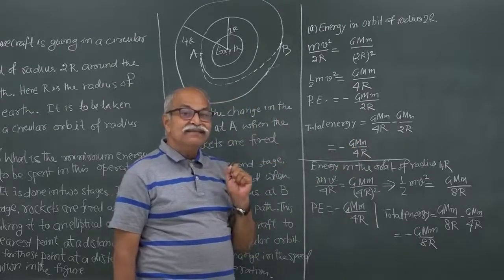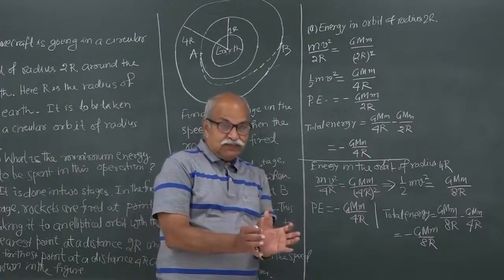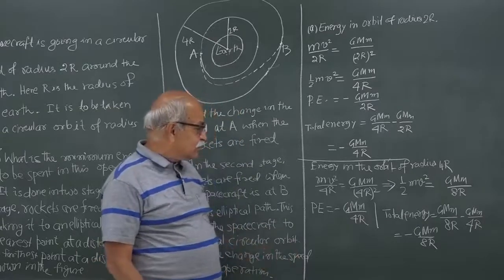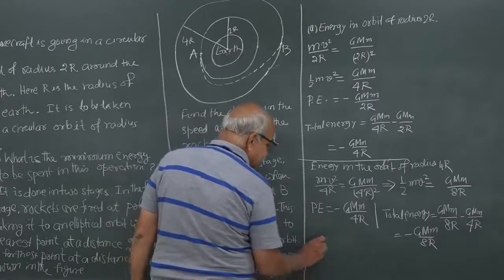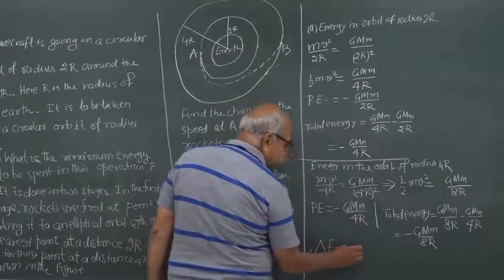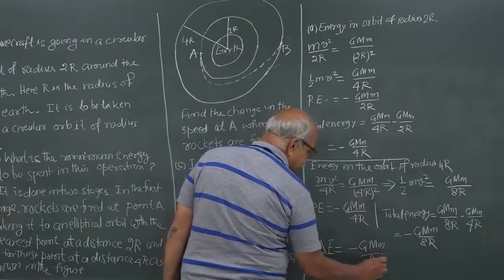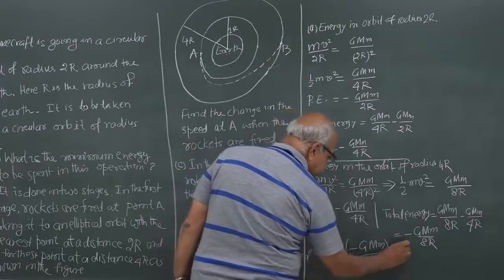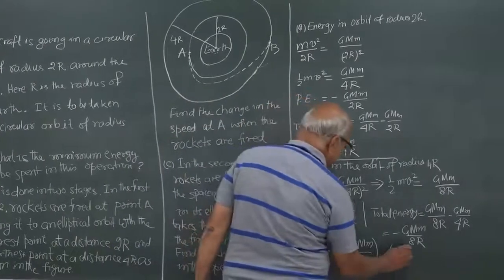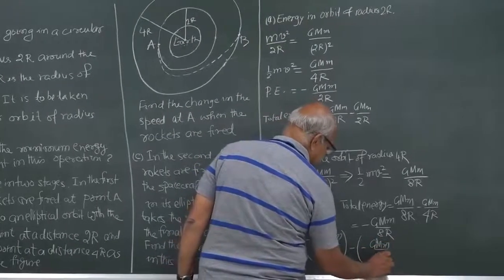So, how much is the change in energy between this smaller circular orbit and the larger circular orbit? The change in energy is equal to this energy, minus G M m over 8r, minus the energy in the previous orbit, which is minus G M m by 4r.